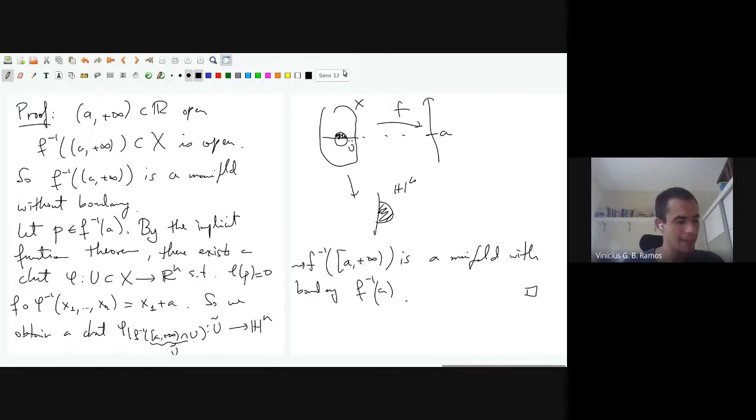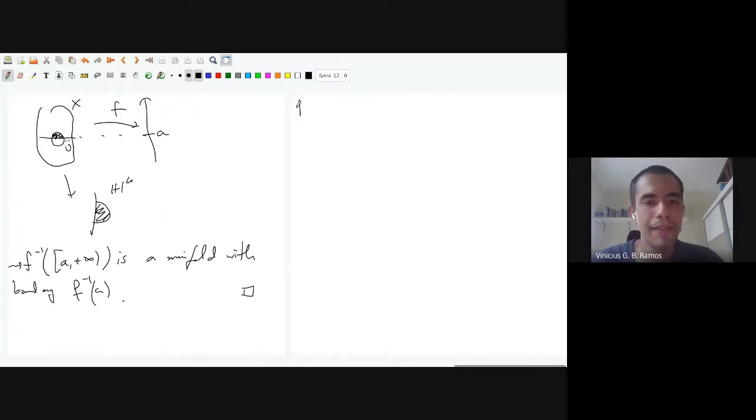Okay, so now let's talk about the tangent space. Let's define the tangent space. Let X be a manifold with boundary.